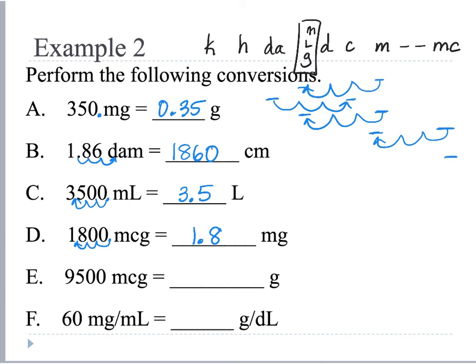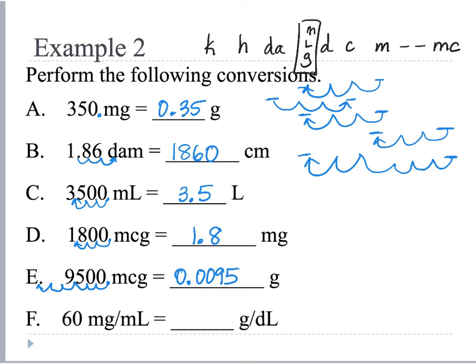So micro's over here, gram is over here. So we have a far way to go here. 1, 2, 3, 4, 5, 6 places to the left. My decimal point is right now after the 0, so I'm going to go 1, 2, 3, 4, 5, 6 places to the left, which gives me 0.0095 grams.